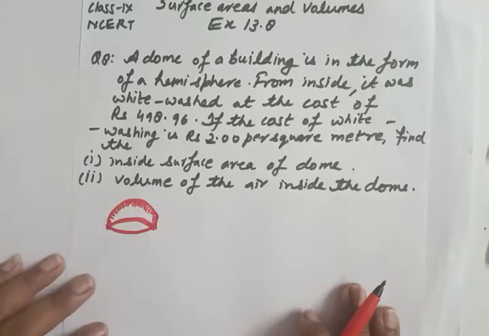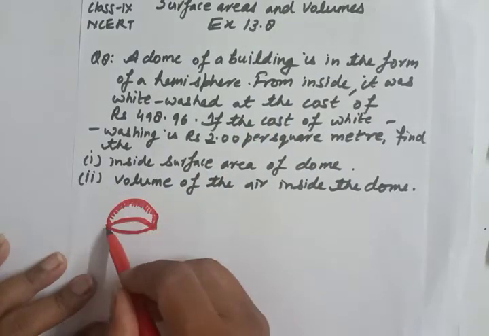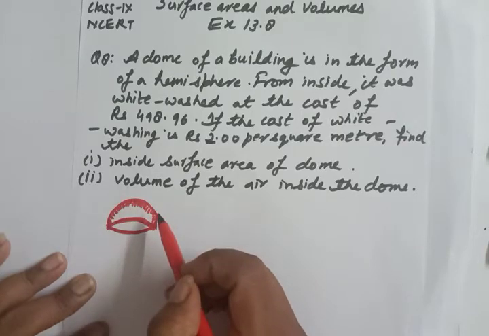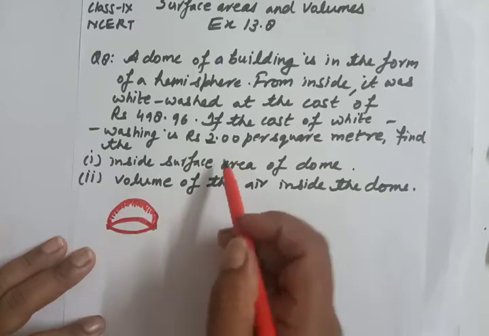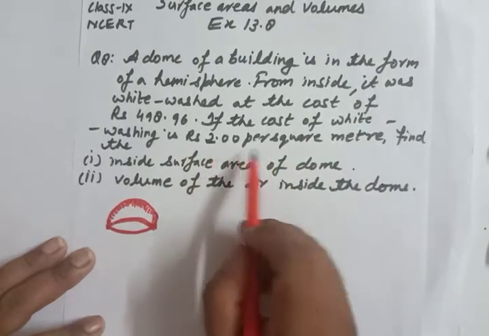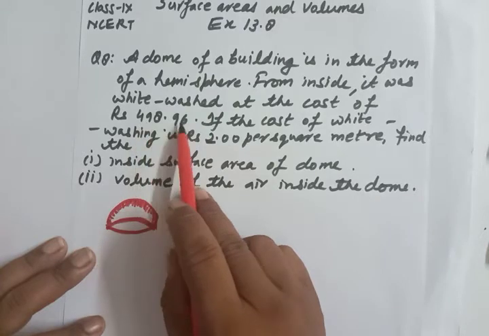As we can see here, according to the question, it is whitewashed from inside, means only the curved surface area is whitewashed at rupees 2 per square meter, and the total cost comes rupees 498.96.